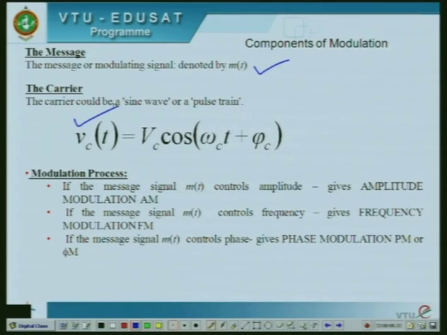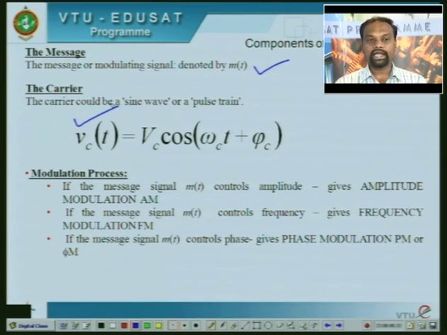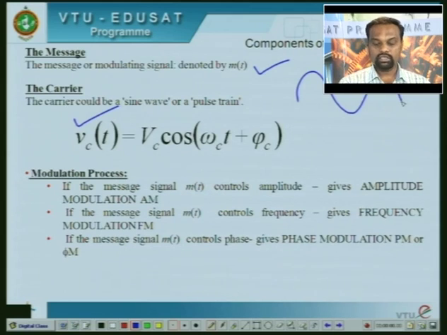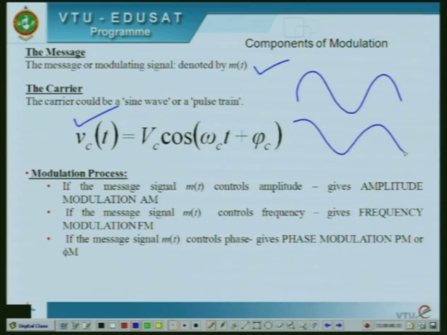Now this carrier signal is defined mathematically as Vc cos of omega c t plus phi c. So we are representing the carrier signal in terms of cos. Cos is a 90 degree phase shifted sine, so we are using these sinusoidal signals as the carrier signal.